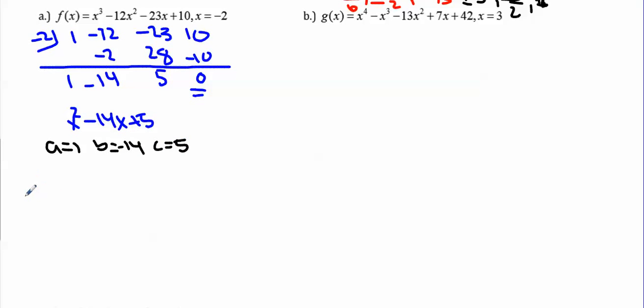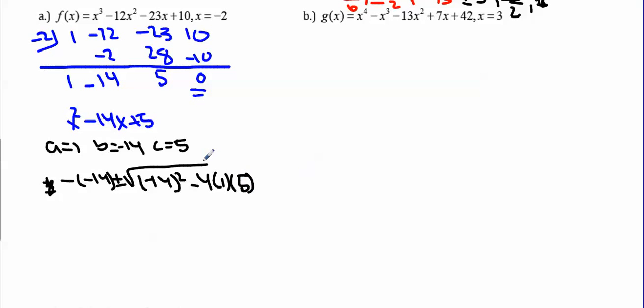So when I do the quadratic formula, I have negative b plus or minus the square root of b squared minus 4ac, all over 2a. And that will be given to you on the test.